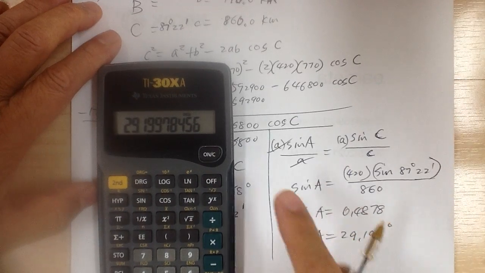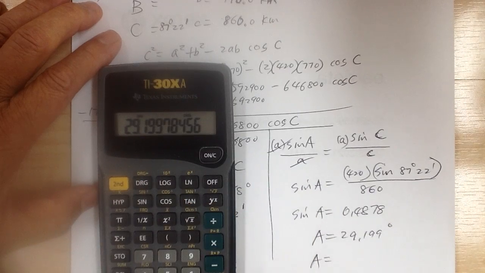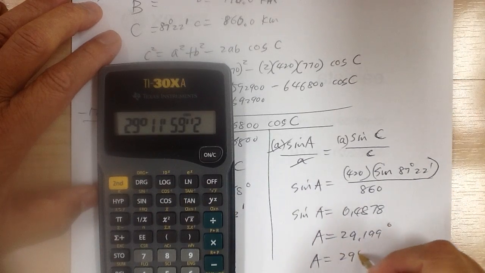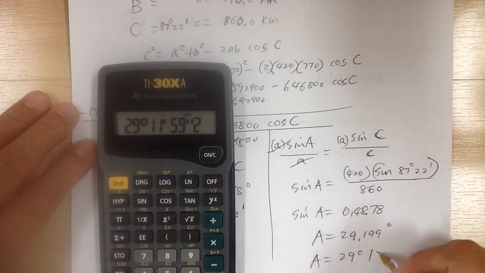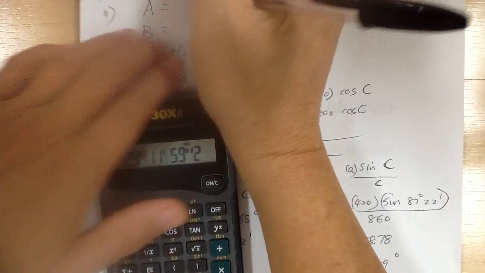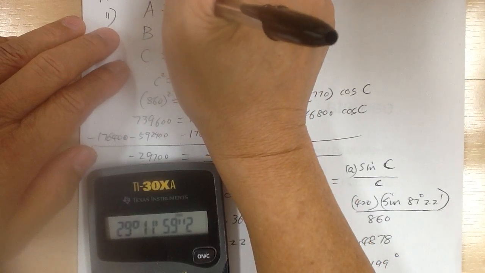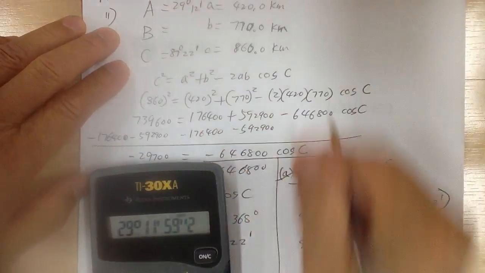And so convert that into DMS. It'd be 29 degrees, and if you round it off, it would be 12 minutes. So this would be 29 degrees and 12 minutes.